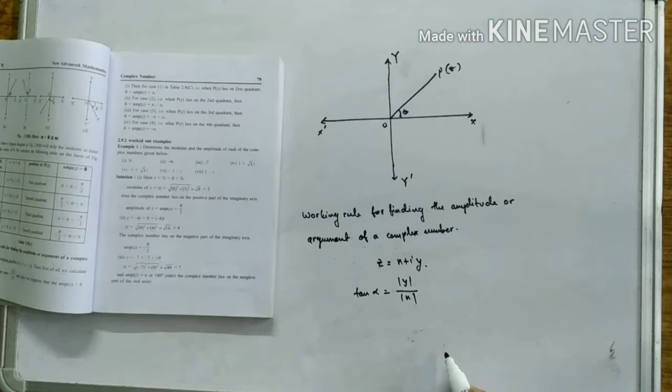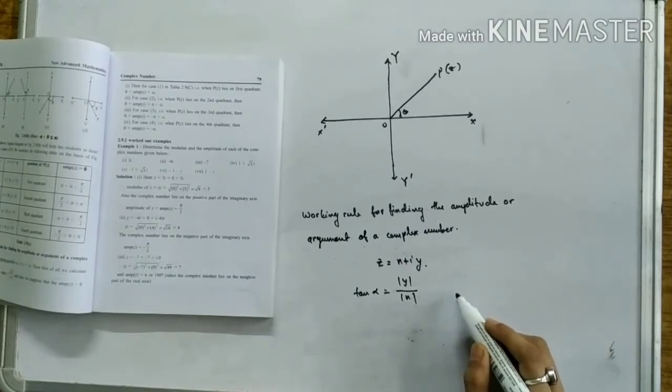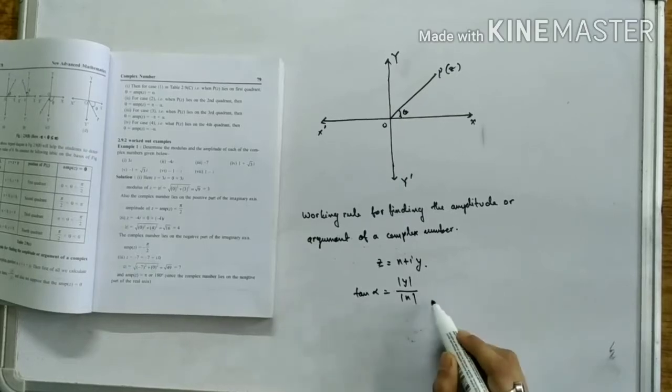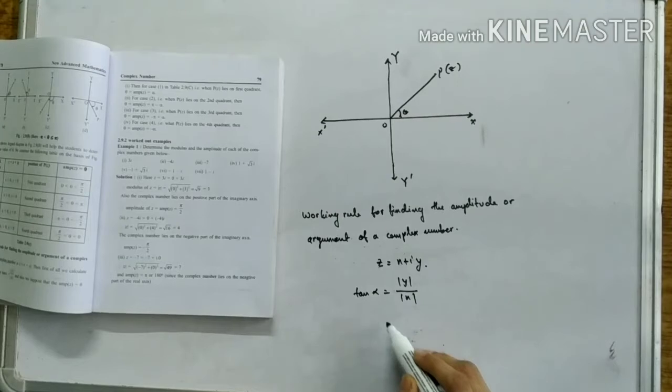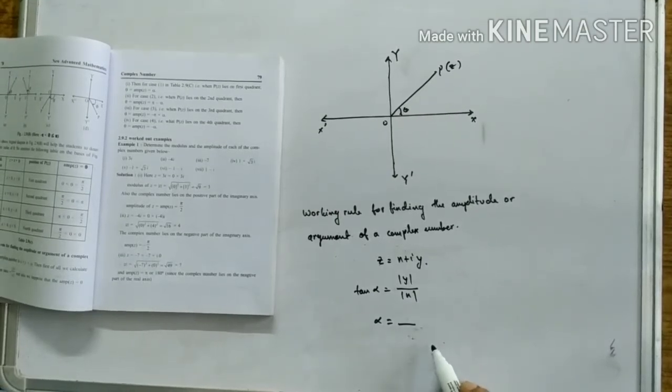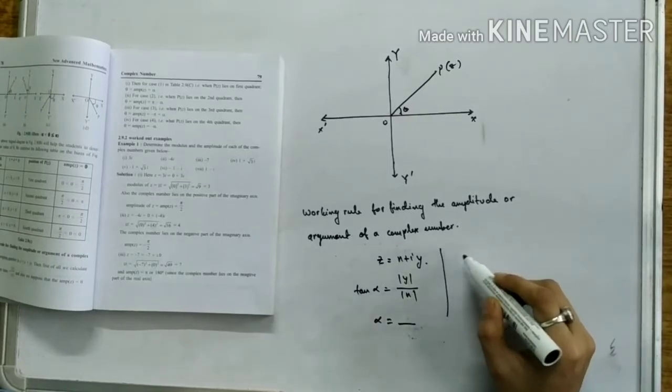And also we suppose that amplitude z equals theta. So from here I will get the value of alpha, and after that I can calculate the value of theta.